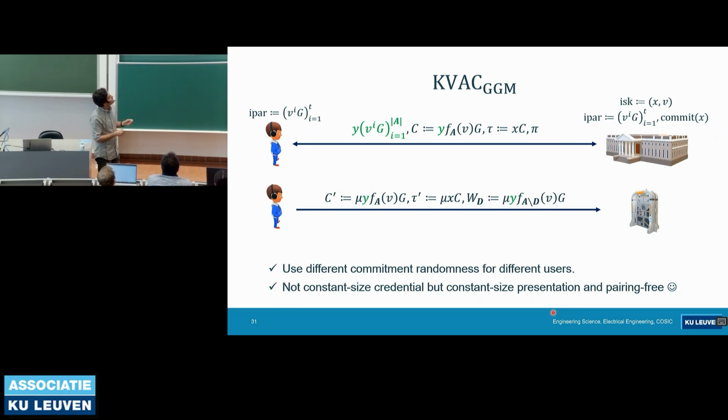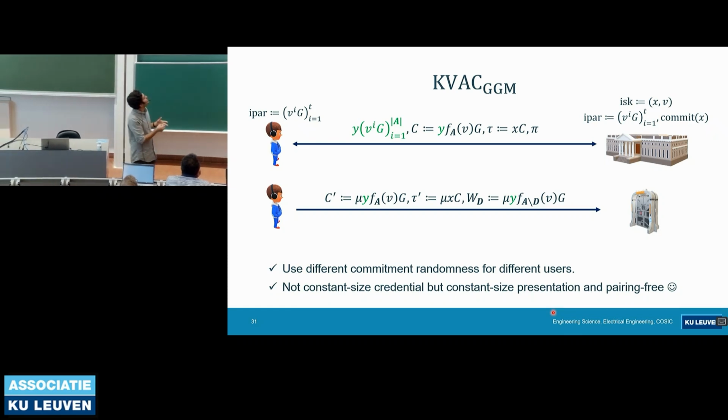And because now the user cannot compute the commitment anymore because he doesn't know the y value, we also send y multiplied by v^i g for all i equals 1 to a to the user so that he can also compute the commitment.